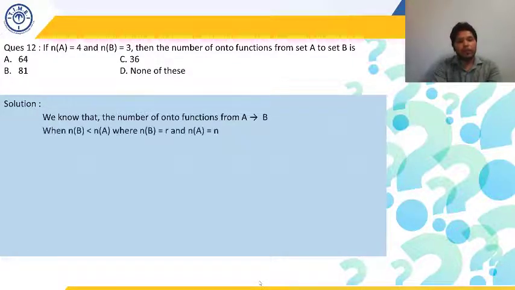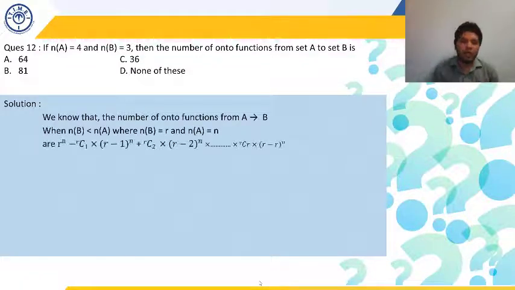We know the number of onto functions from A to B, where the number of elements in set B is less than the number of elements in set A. How to calculate? If the number of elements in set B is R and the number of elements in set A is N, and we know that R is less than N, then how do we calculate the number of onto functions from set A to set B?